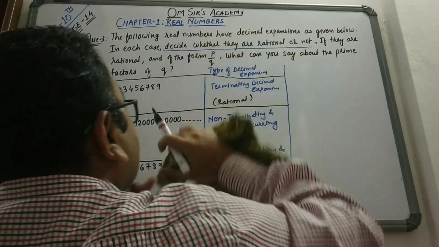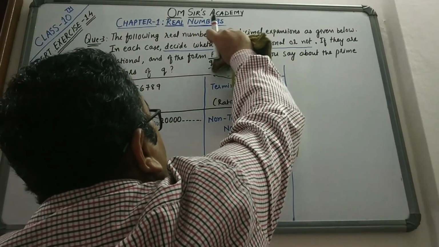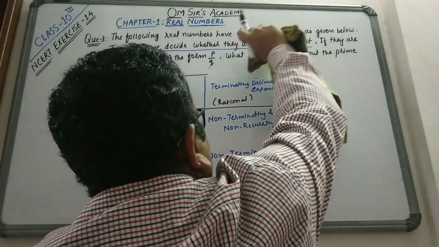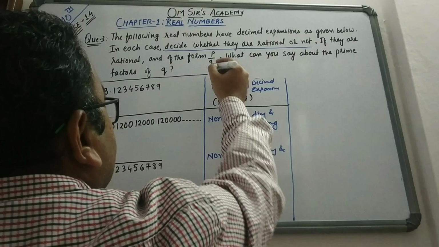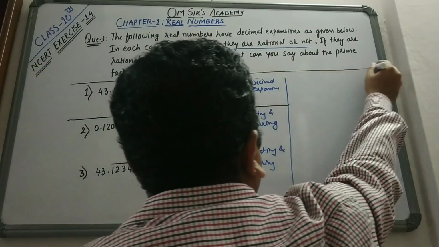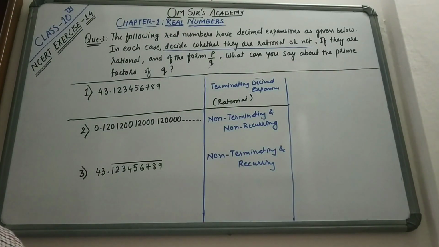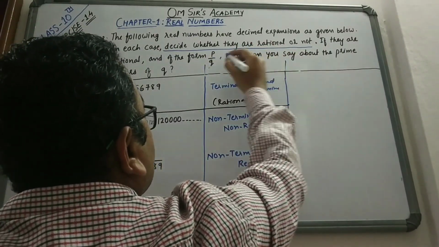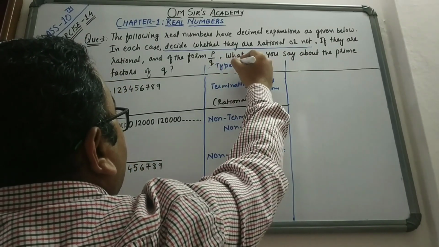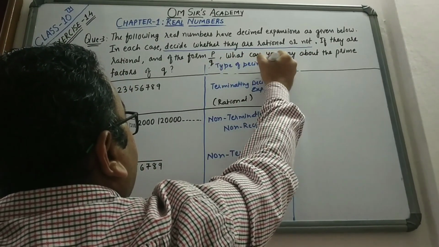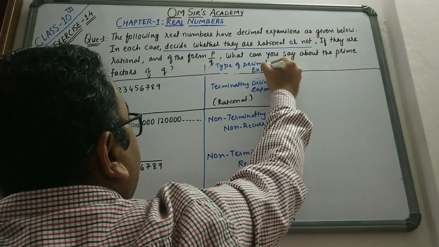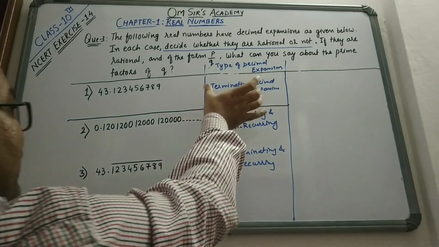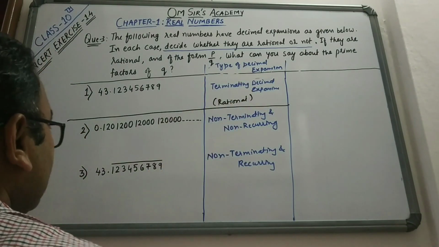Making a chart over here. Okay friends, so the first one is a rational number. Why? Because any terminating decimal expansion will be a rational number.